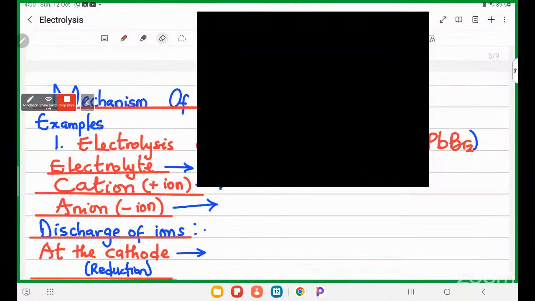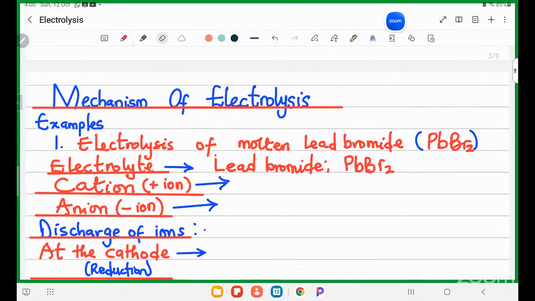In the electrolysis of molten lead bromide, they want us to perform the electrolysis for molten lead bromide. So the electrolyte is the lead bromide. That's the electrolyte.